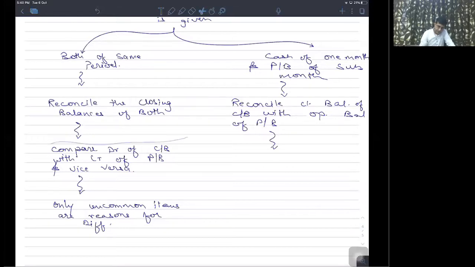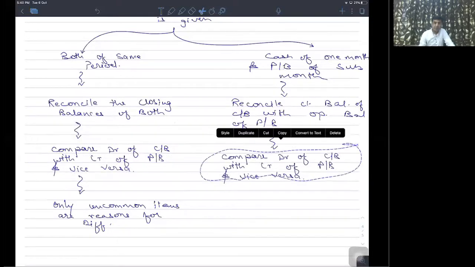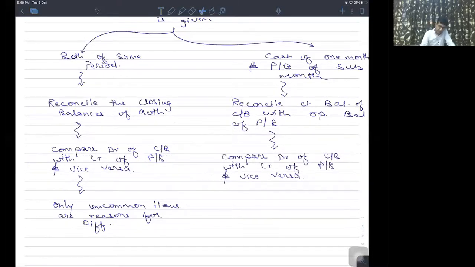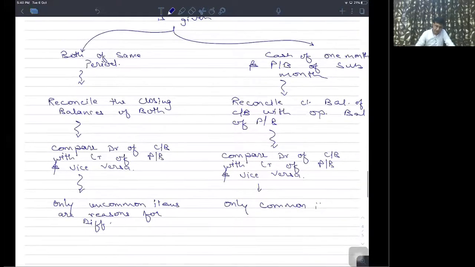Same way you have to do, compare the two. All right, and only common items will be the reasons for difference.